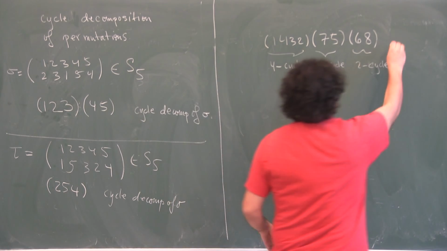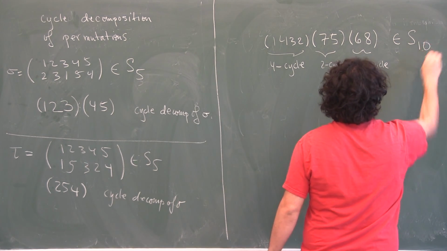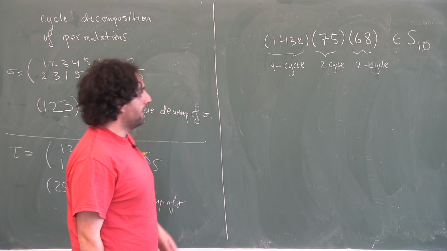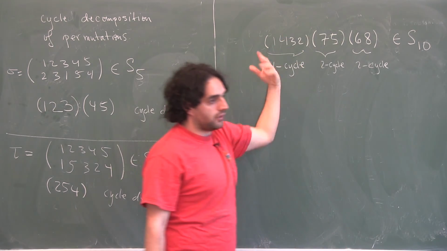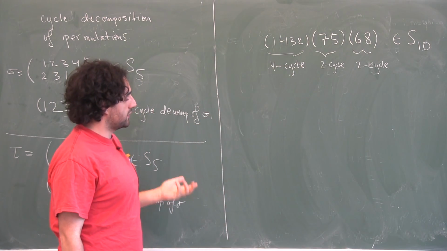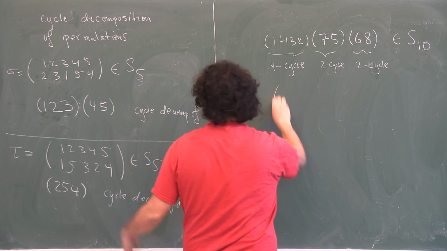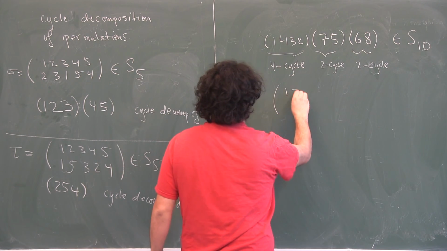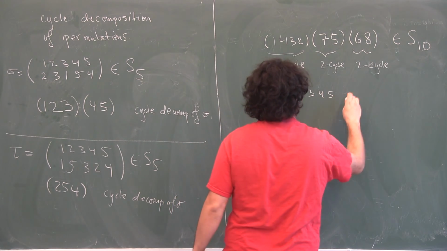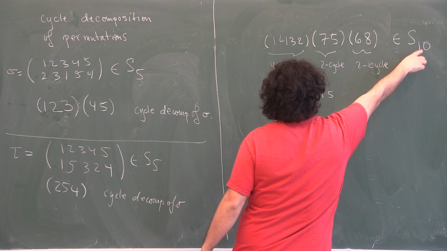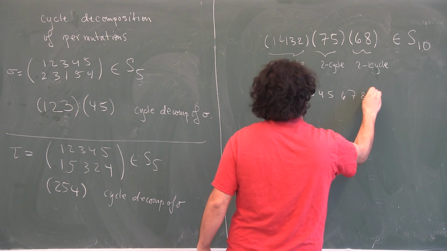But I can choose to think of this as an element of S10. That means there are numbers from 1 up to 10 that don't appear here. That means those numbers will be fixed. So now if I want to write this in this notation, I have to write the numbers up to the dimension of this. This is S10. I have to go up to 10.